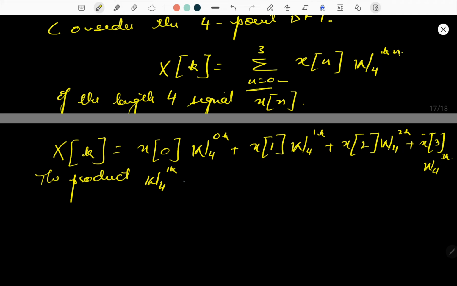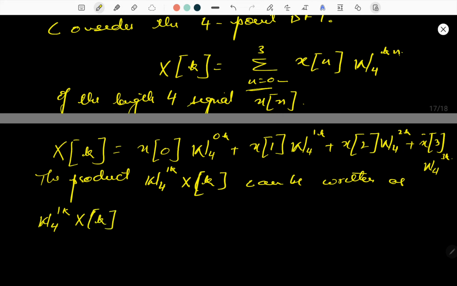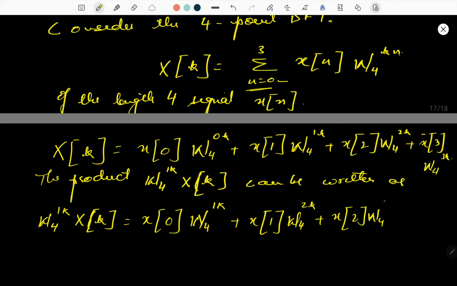If we just multiply, this will become x0 with the same base, power adding, so W4^(1k), plus x1 W4^(2k), plus x2 W4^(3k), plus x3 W4^(4k).